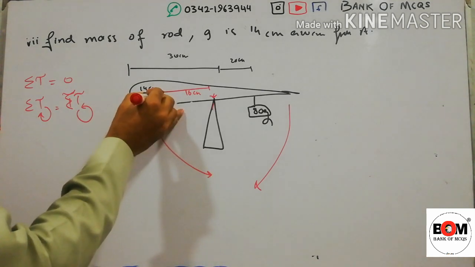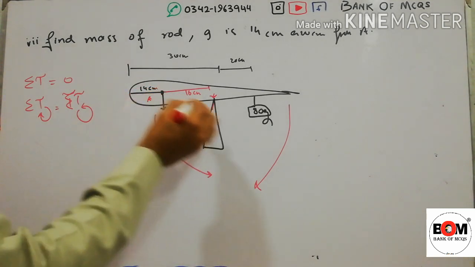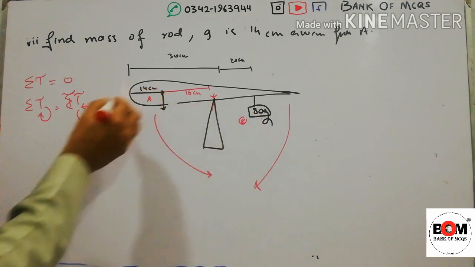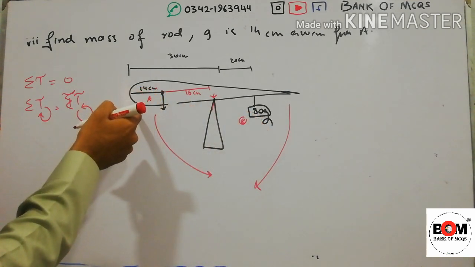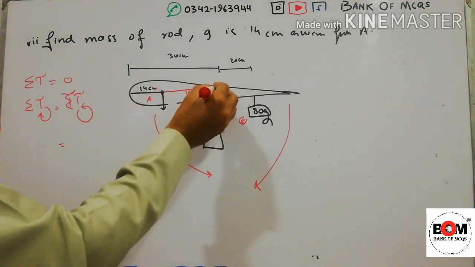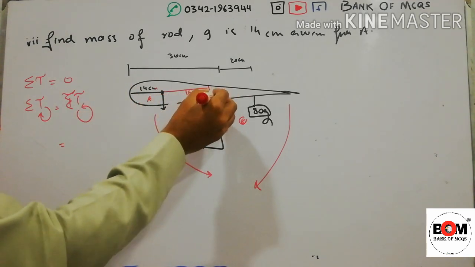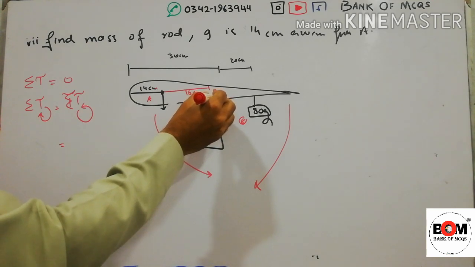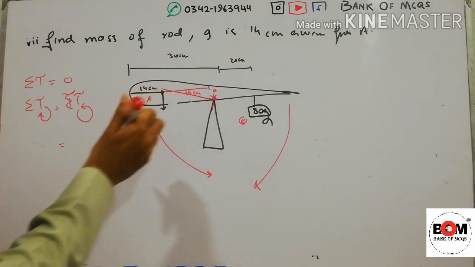Now the torque of the beam, A, and this is body B. This is the anti-clockwise direction. We will start measuring distance from the center, the pivot about which the body moves. So here this distance is 16 centimeter.